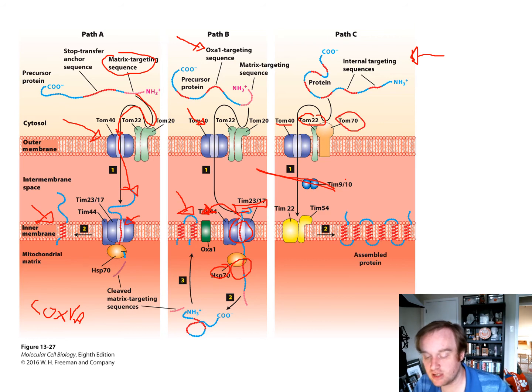So TOM70 helps to recognize non-targeting sequence mitochondrial proteins. And then once we get into the inner membrane space, TIM9 and TIM10 help to kind of further the movement into the inner membrane, where TIM22 and TIM54 will help to fold this protein and to assemble it with its multiple transmembrane alpha helices across this inner membrane.